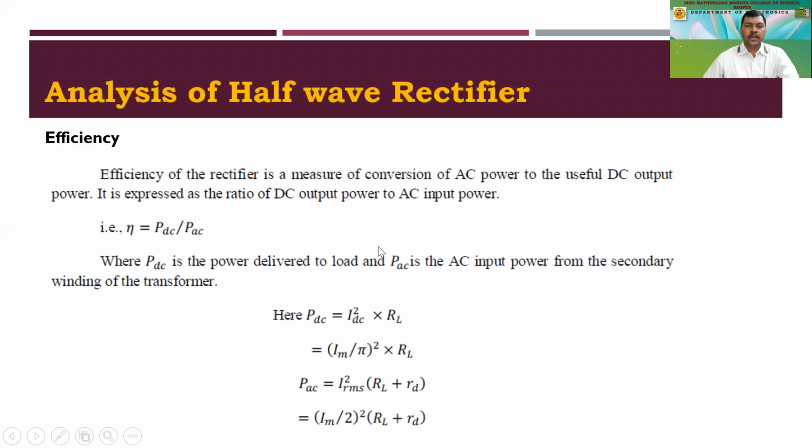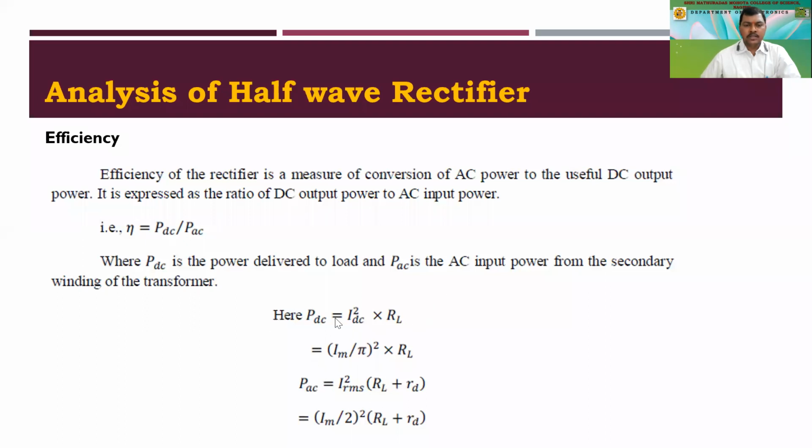Then if you go for efficiency, the efficiency of the rectifier is a measure of conversion of AC power to useful DC output power. It is expressed as the ratio of DC output power to AC input power. So efficiency eta is equal to PDC, that is power in DC, divided by power in AC, right? Where PDC is the power delivered to the load, and PAC is the AC input power from the secondary winding of the transformer. Here, PDC is equal to I square DC into RL.